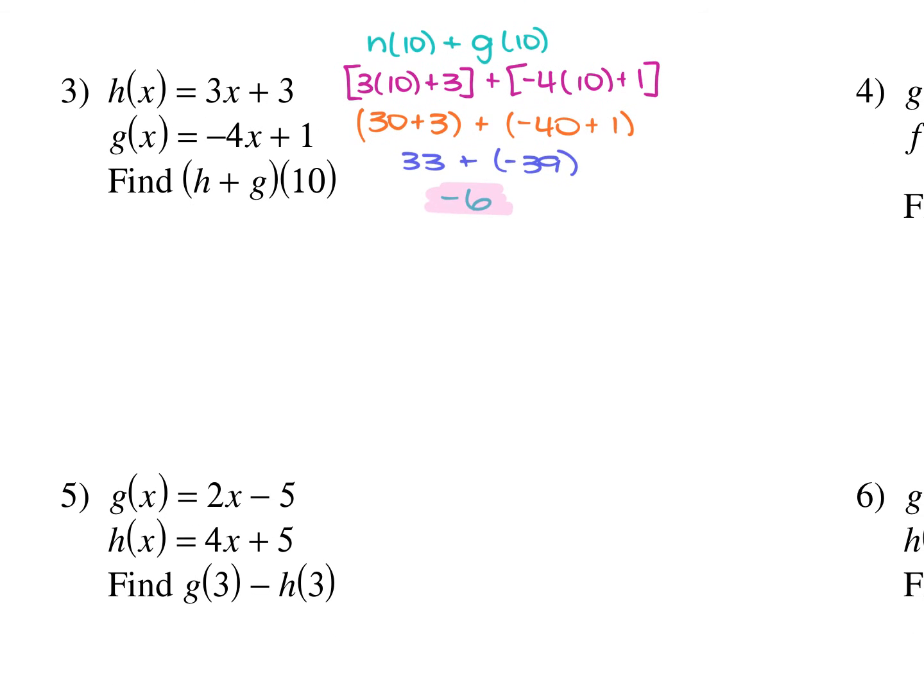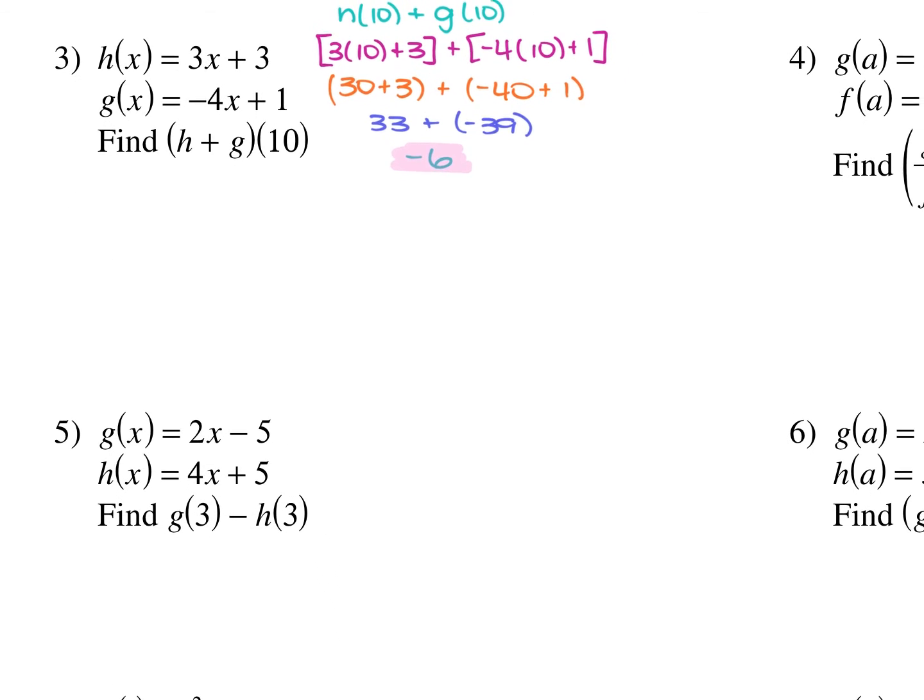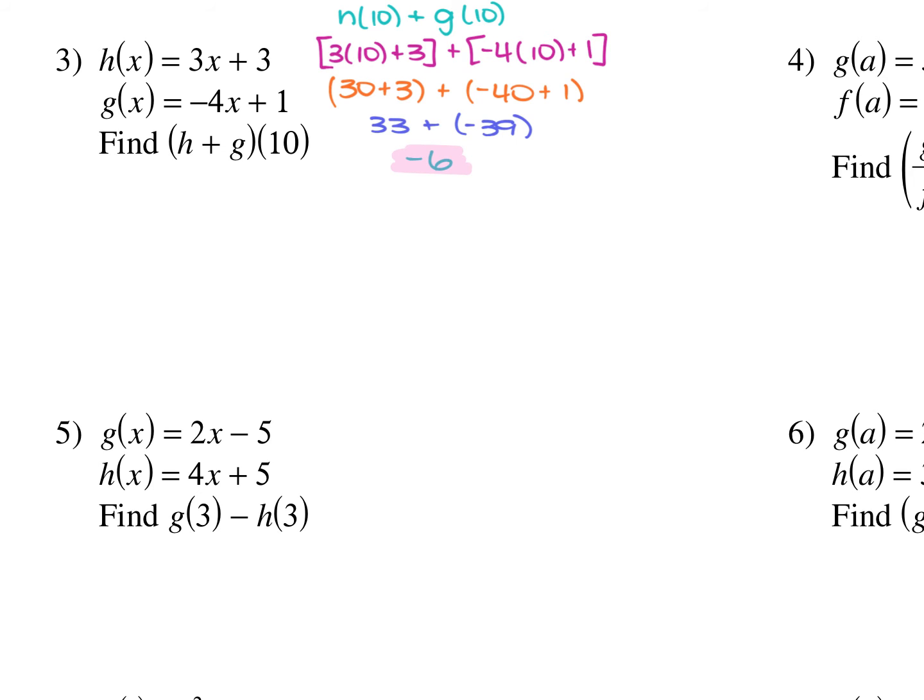For number 5, we have g of x is equal to 2x minus 5, and h of x is equal to 4x plus 5. We're finding g of 3 minus h of 3. So for g of 3, we're going to do 2 times 3 minus 5 minus h of 3.